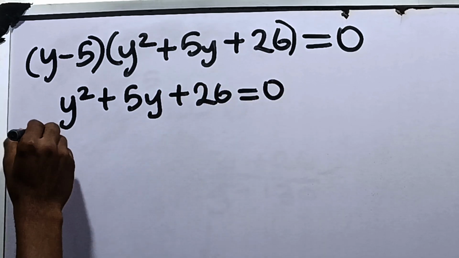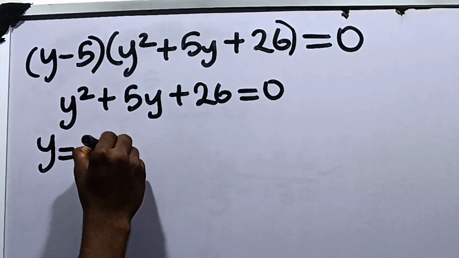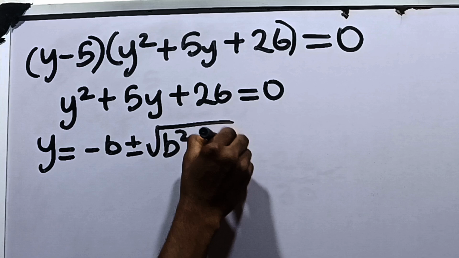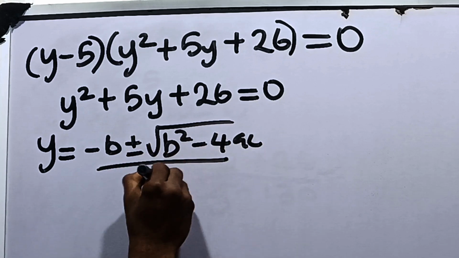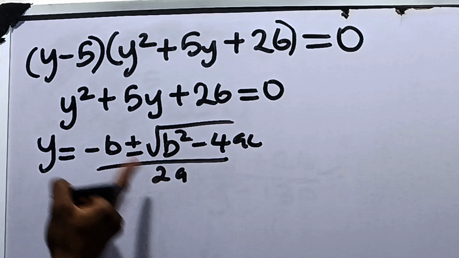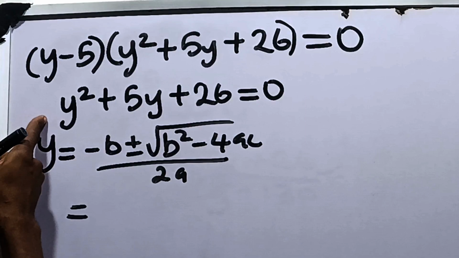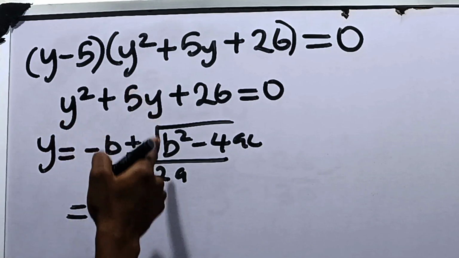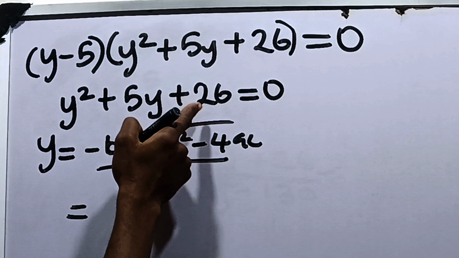The quadratic formula states that y here will be equal to minus b plus or minus the square root of b squared minus 4ac, all over 2a. Remember that a stands for the coefficient of y squared here, b is the coefficient of y, which is 5, and c is the last term, which is 26.